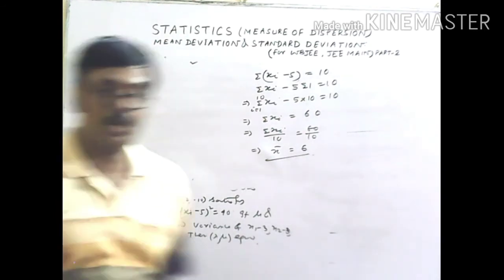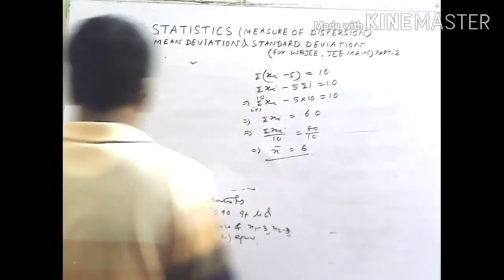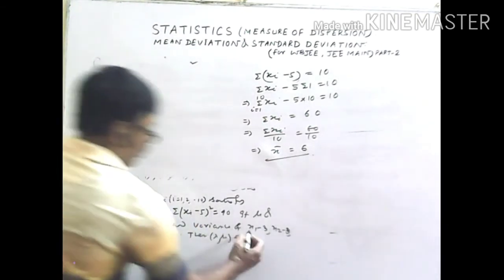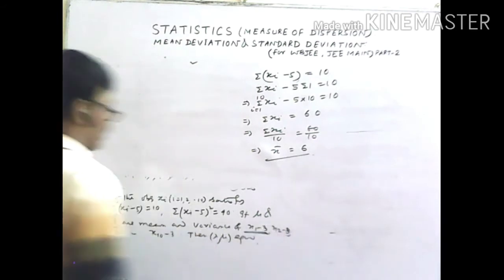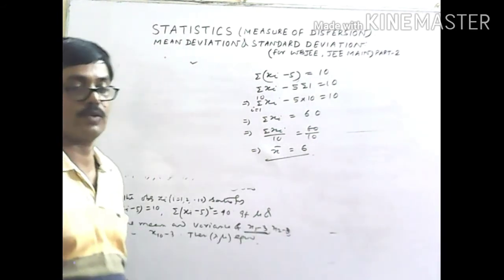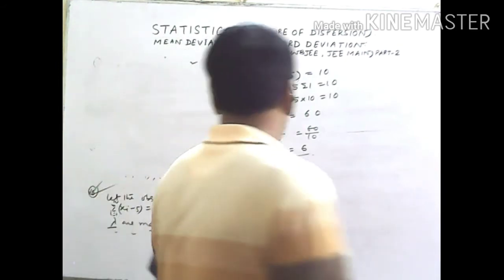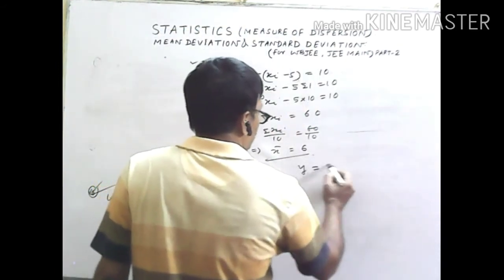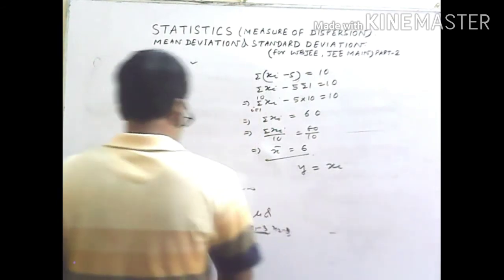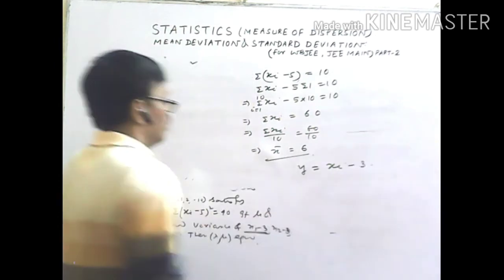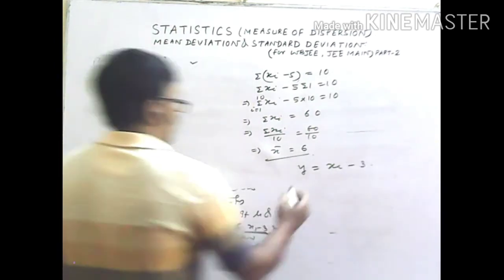Now it is given that mu is the mean with respect to xi minus 3. Suppose y equals xi minus 3. So what is y bar?